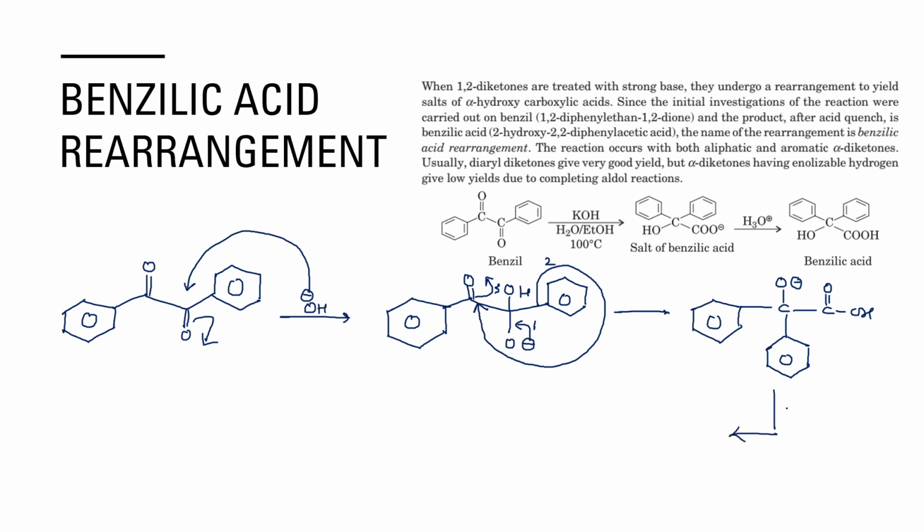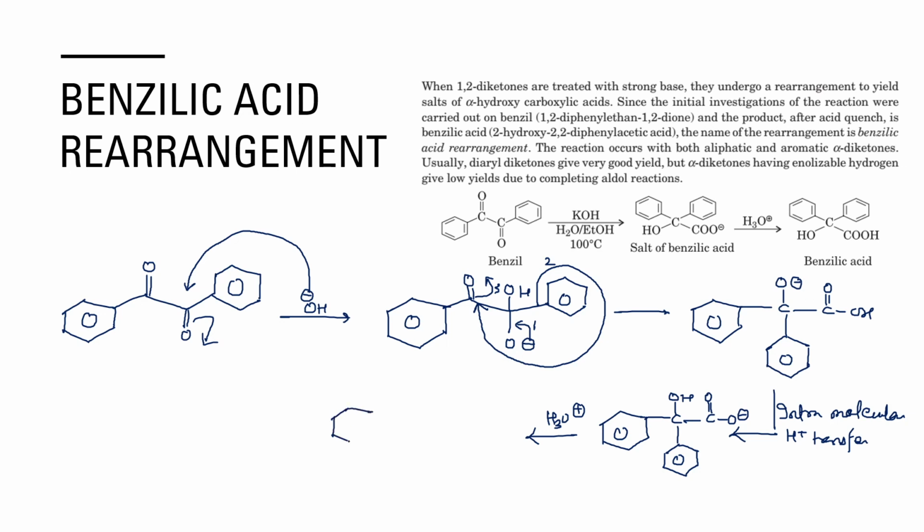This will undergo an intramolecular proton transfer, H plus transfer, and it will create O minus, which will eventually react with H3O plus to give the benzilic acid. Okay. Here you can see that migration is happening to an electron deficient carbon. This carbon must have been electron deficient, only then is migration happening there.